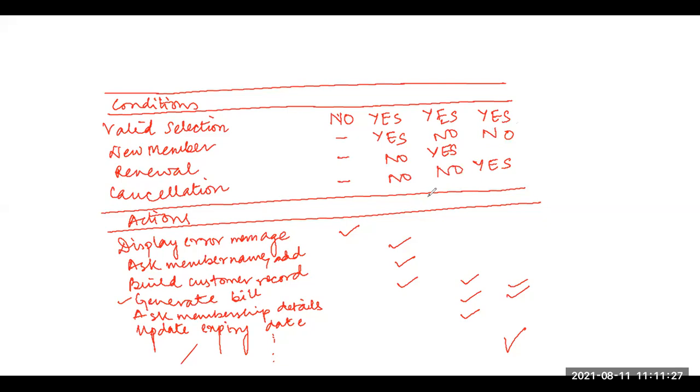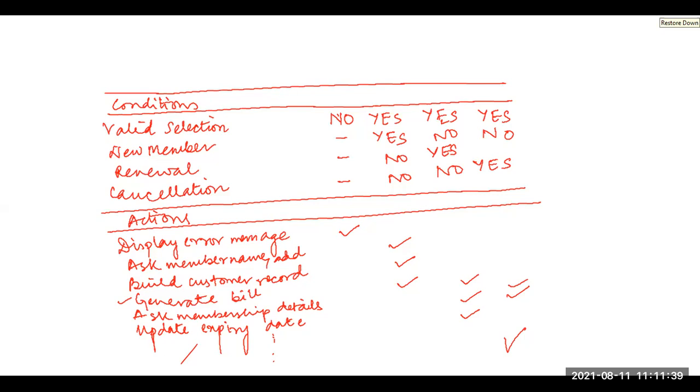So both this decision table and decision tree can be used to represent complex program logic, and they can be distinguished on several considerations.